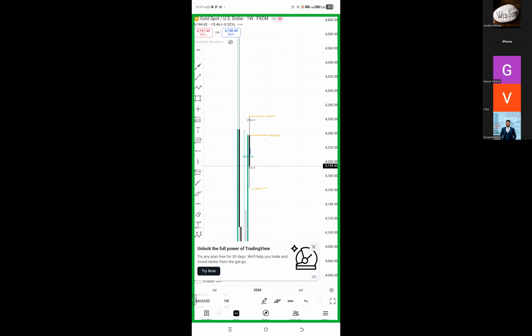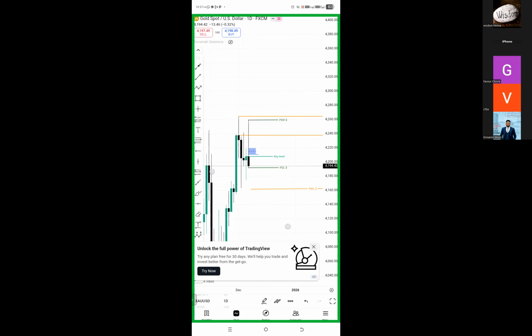I will not be surprised. Price will first of all sell down, take out, I don't know, Friday low or Thursday low or something. It doesn't matter. As far as the weekly, you see the weekly low there is still intact, and the weekly high is still intact.